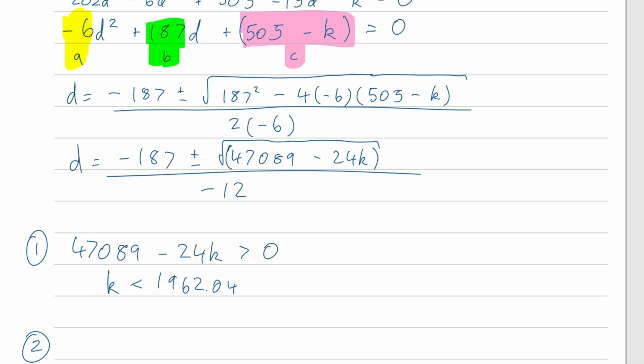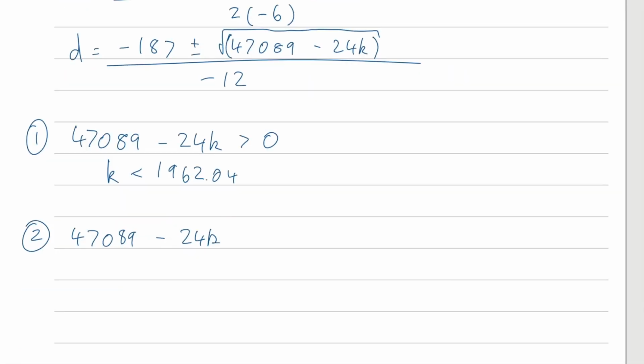And then we'd add that decimal number to minus 187, which would give us another decimal number divided by negative 12, etc. So we can conclude that the discriminant, this value here, 47,089 minus 24k, must be a square number.